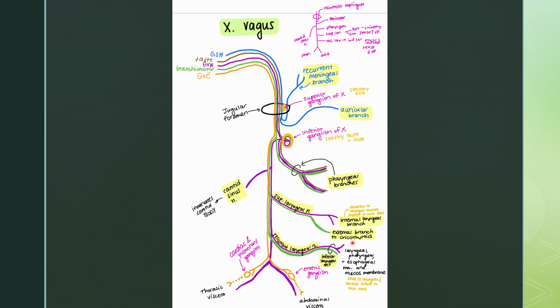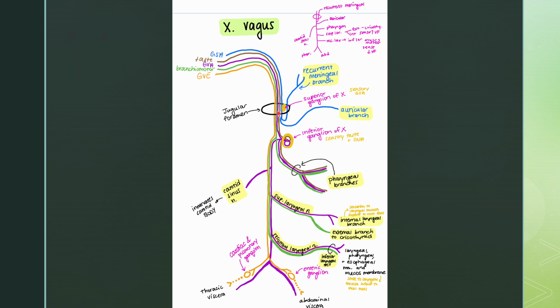Similar to the nerve above it, it is just branchiomotor and visceral sensory. Except this time, the visceral sensory goes to the laryngeal mucosa inferior to the vocal cords, whereas the sensory in the superior laryngeal nerve right above went to the laryngeal mucosa superior to the vocal folds. So those are basically the main branches off of the vagus nerve.